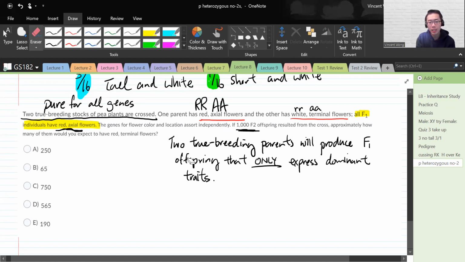What they're saying is you take the F1 individuals, which are red but heterozygous, big R from one parent and small r from the other, and big A and small a. If you cross one of these with another one, how many of them would have red and terminal flowers?